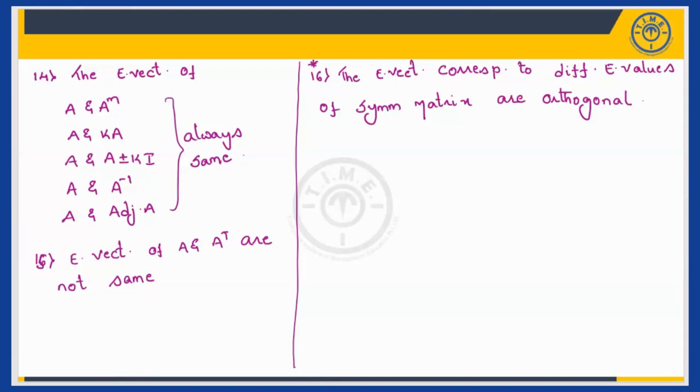Orthogonal means what? Like say if A is a symmetric matrix and it is having two eigenvalues, lambda 1 and lambda 2, and they both are not same. And for lambda 1, let us say x1 is the eigenvector. For lambda 2, x2 is the eigenvector. Then the eigenvectors corresponding to different eigenvalues of a symmetric matrix are always orthogonal.